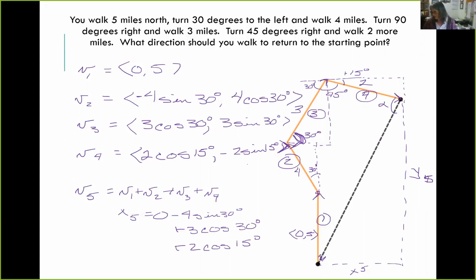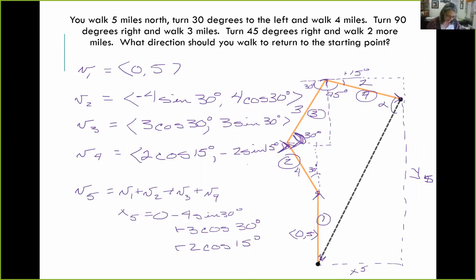And when I prepared my notes, I actually messed this up, so let me get a calculator. This is what I want.